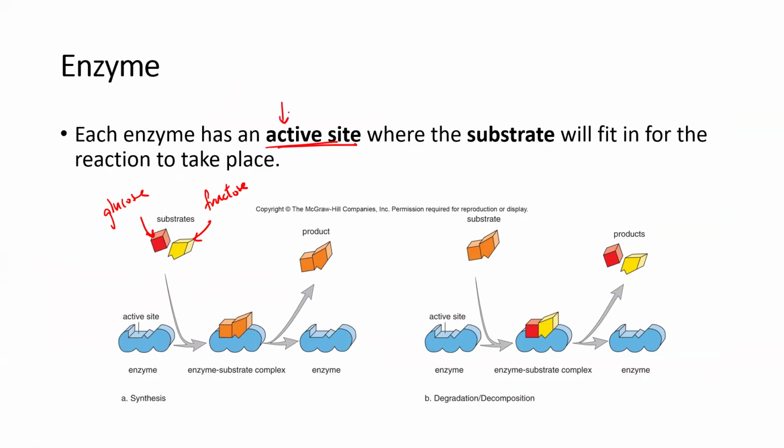An active site is where the ingredients will fit in. So the ingredients are the starting material for the reaction. We have glucose and we have fructose, and we're going to put it right into the active site.